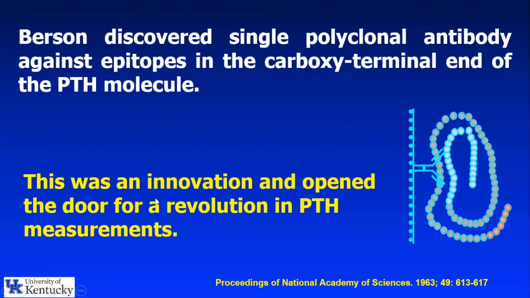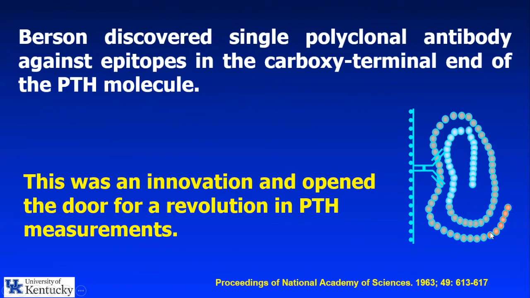Okay, so let's go back to the PTH assay. The first PTH assay was discovered early in the 1960s, so a long time ago, almost 6 decades ago, by a person who discovered a single polyclonal antibody against the carboxy terminal end of the PTH. Remember, the carboxy terminal or the C terminal usually doesn't have the calcemic effect.